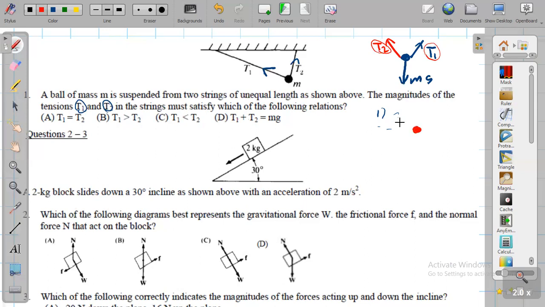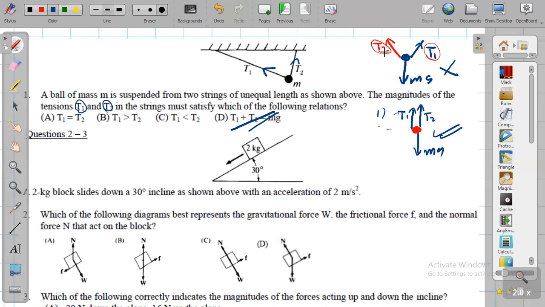Somebody sent me the answer like T1 plus T2. So let's pay attention to the answer. T1 equals T2 will be only for this diagram, not for here. So all the answers provided like this one are not correct.